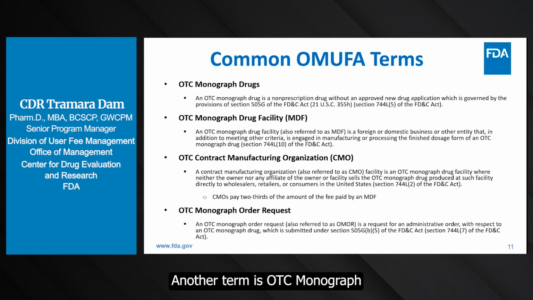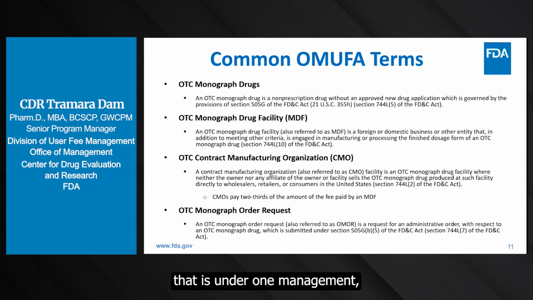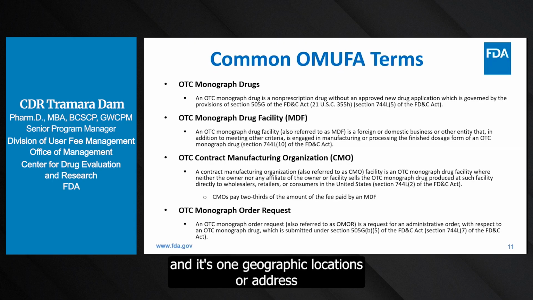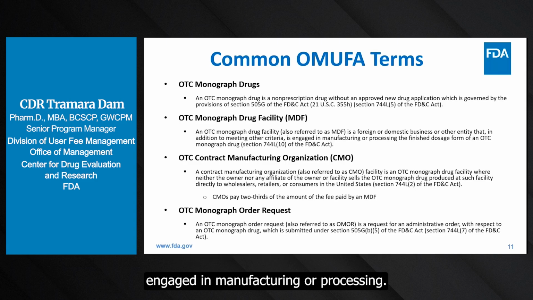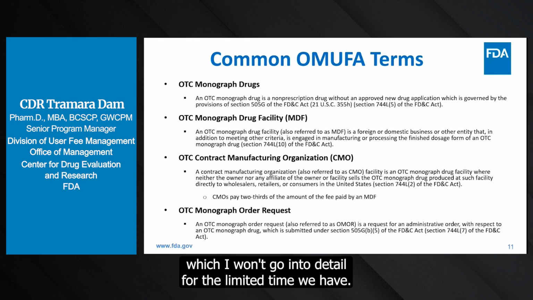Another term is OTC monograph drug facility, also known as MDF, which is a foreign or domestic business or other entity that is under one management, either direct or indirect, and has one geographic location or address, engaged in manufacturing or processing the finished dosage form of an OTC monograph drug, and other requirements which I won't go into detail for the limited time we have.